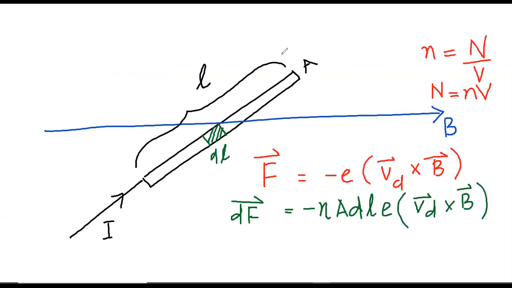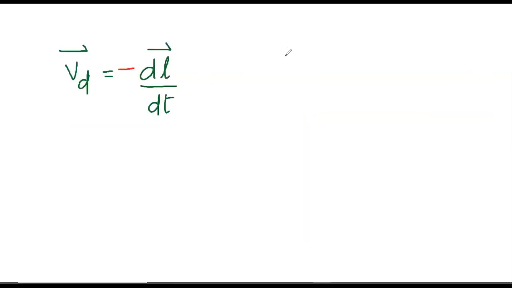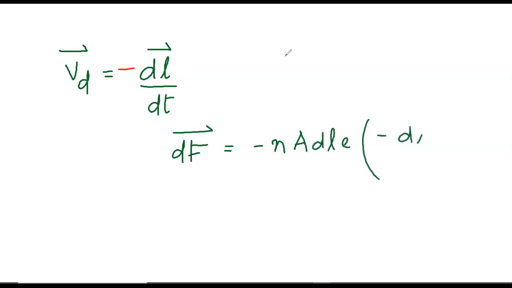So what have we written for dF over here? If we are going to substitute for Vd, what am I going to end up getting dF as? dF is going to be equal to minus n A dl into e, within brackets, in the place of Vd, we are going to write dl by dt cross B. Hope you got this. Now, this minus cancels off with this minus, and this being a scalar quantity, dt is going to come out.